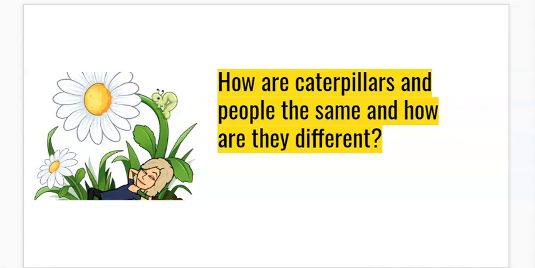Let's think for a moment. How are caterpillars and people the same, and how are they different? Go ahead and pause this video and think about that. How are we the same as caterpillars, and how are we different?